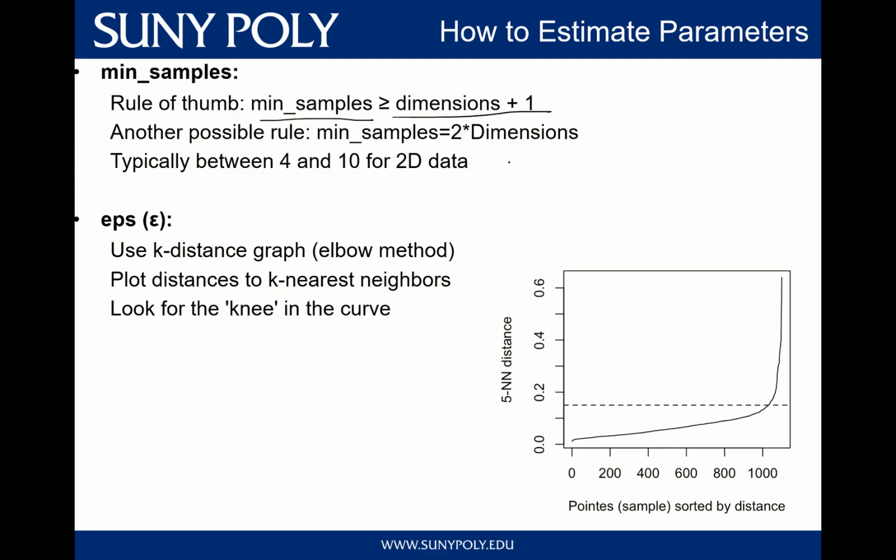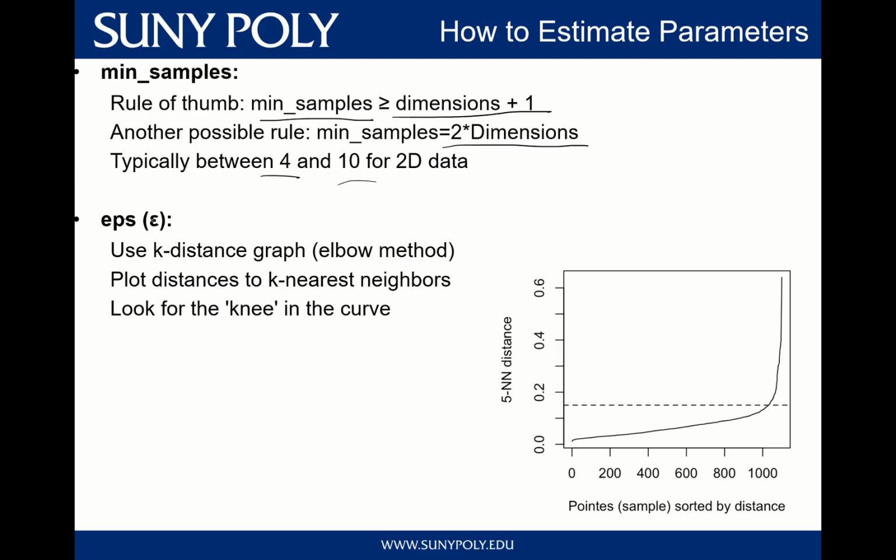Another possible rule is 2 times the number of dimensions. Let's say that you're working in 2 dimensions, 2 variables, then you will need 2 times 2, 4 minimum number of points. Typically this value will be between 4 and 10. You can change the value, see the sensitivity, and see how it changes to make a decision.